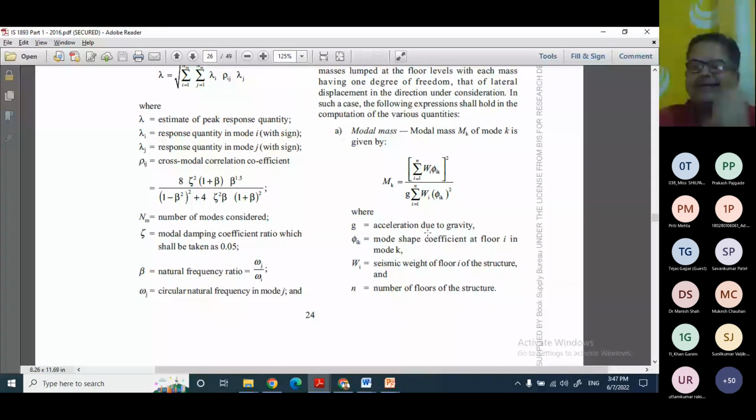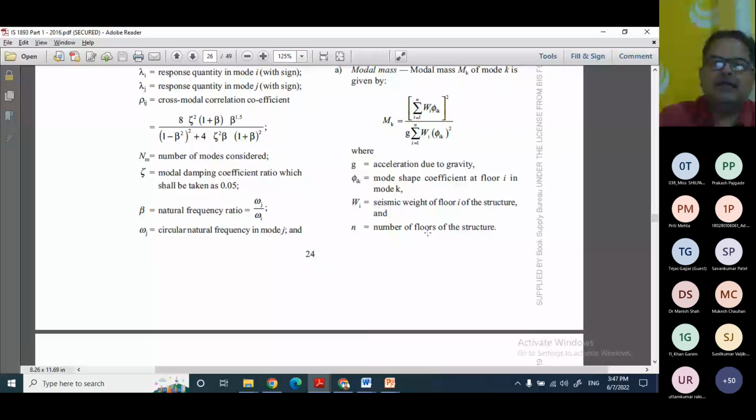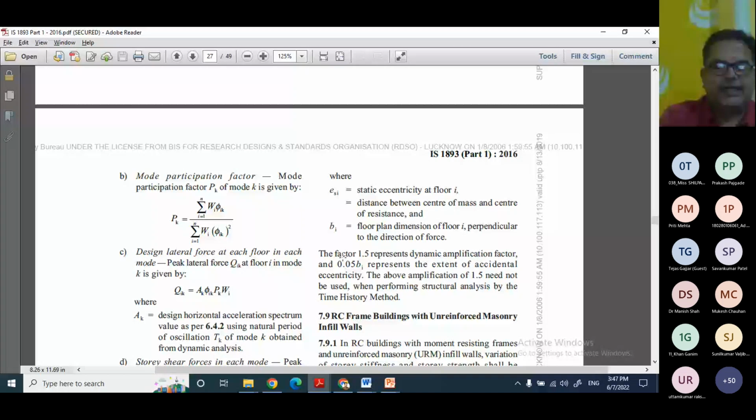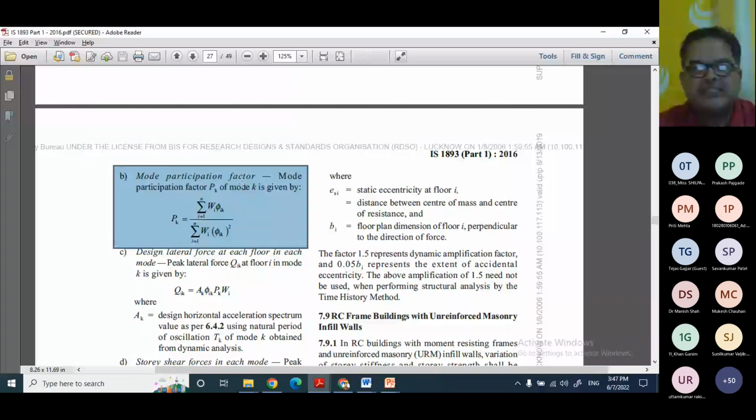Then what is the mass participating? For example, if you want to know what mass participated, that can be done here. Here it is a mode participation factor, right?